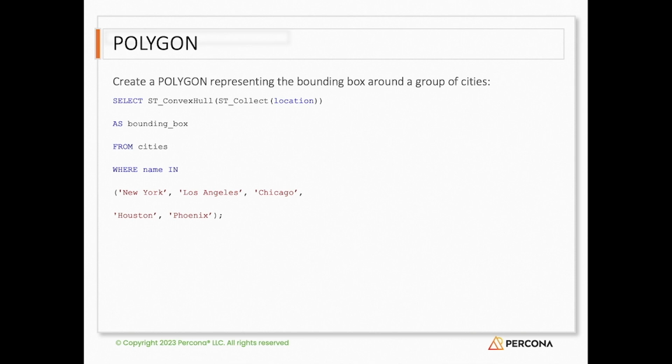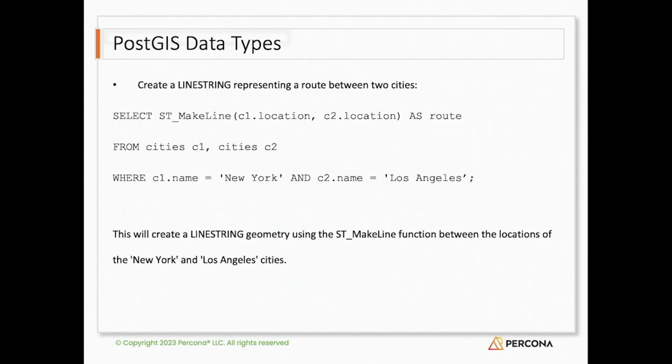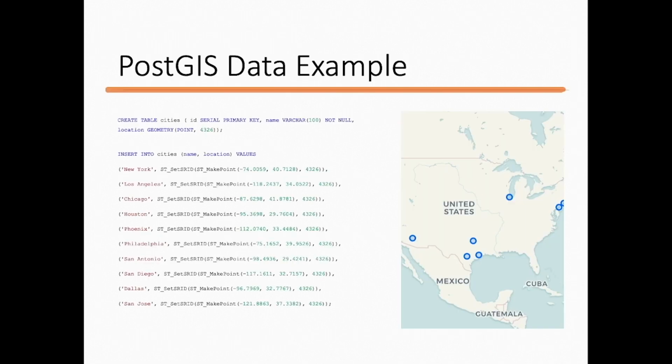When this box is created, you can check if a city is in it. This is the box, and this one is not in the box, and you have this point.